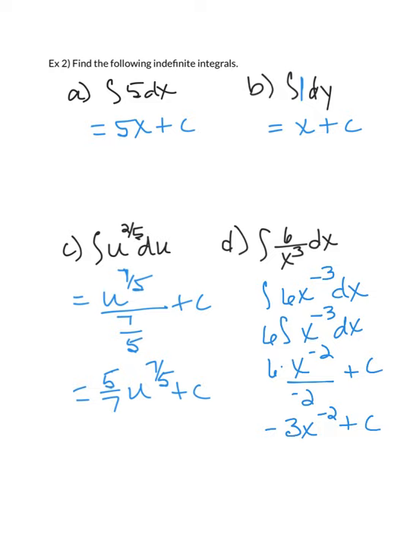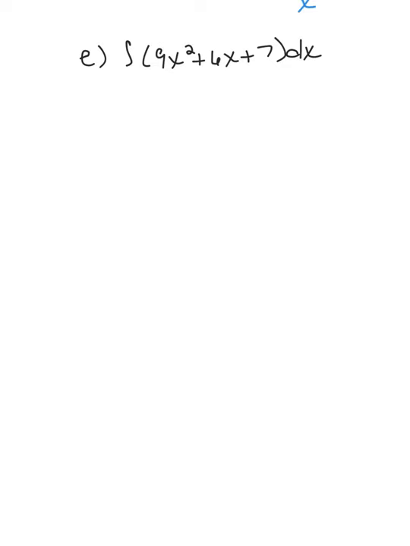And that would be fine for me to write that as an answer. But just know that you could also write this as negative 3 over x to the positive 2 plus c. Either answer is fine.